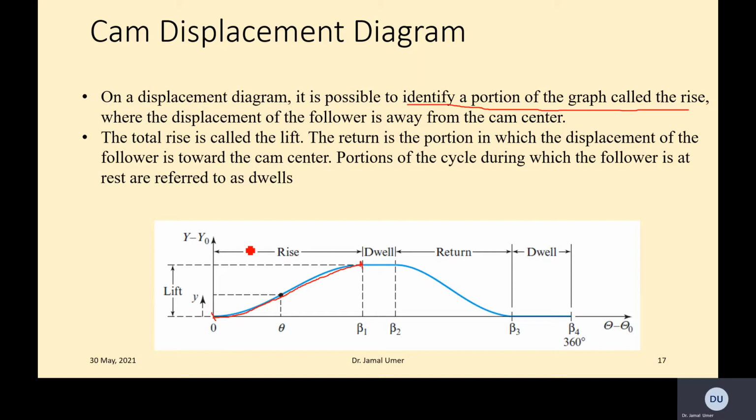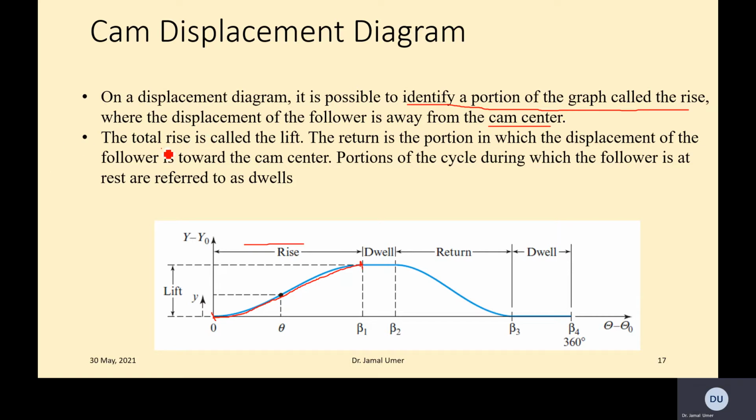This is called the rise, where the displacement of the follower is away from the cam center. From here to here, the follower has traveled away from the cam center, reciprocating, basically going upward.